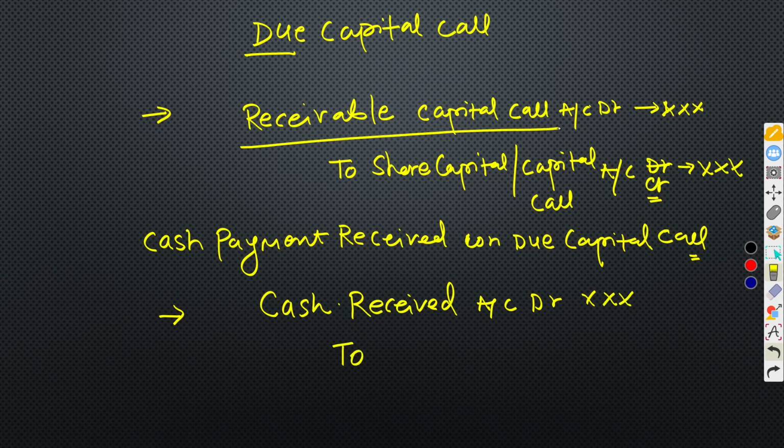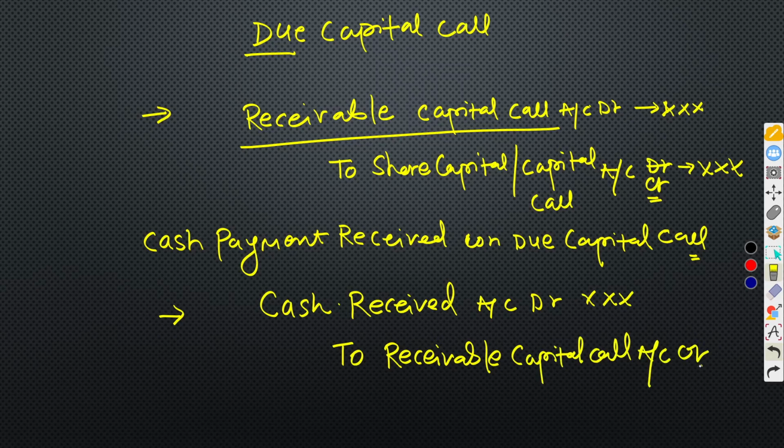Now you will have to remove it from the balance sheet, because once you receive that cash you cannot carry receivables. So remove that receivable, and your accounting entry would be cash received account debit to receivable capital call account credit. Debit versus credit, it will net out automatically.